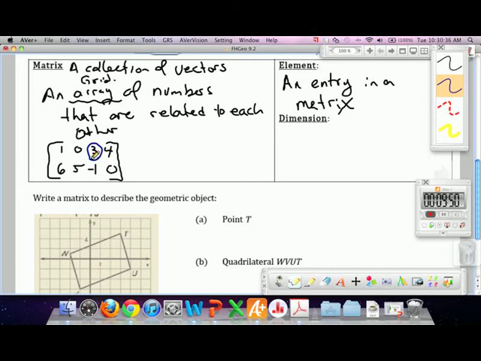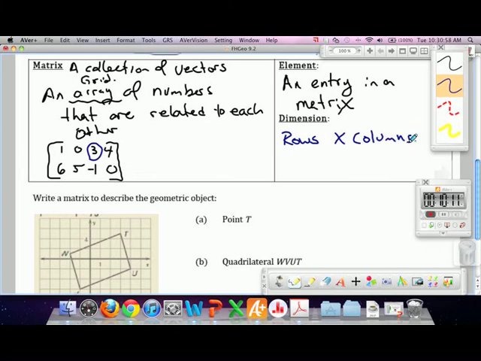We can talk about the dimension or the size of a matrix. The dimensions of a matrix are described as two numbers. It's the rows by the columns. Rows go laterally, left and right.